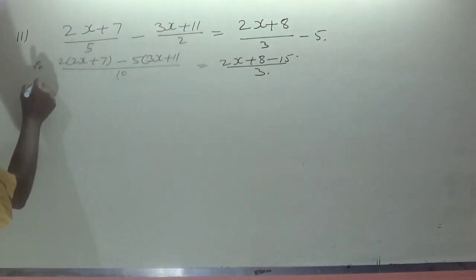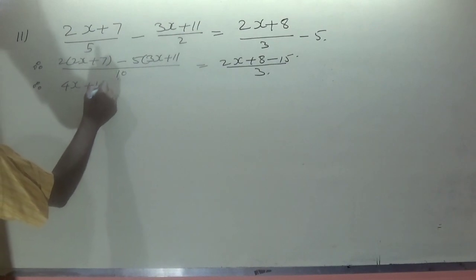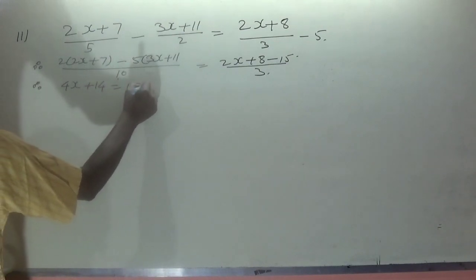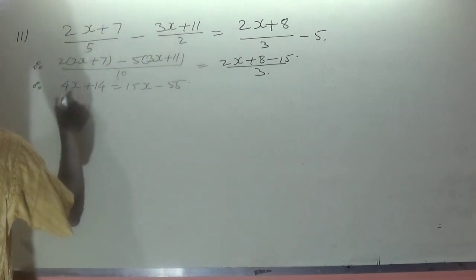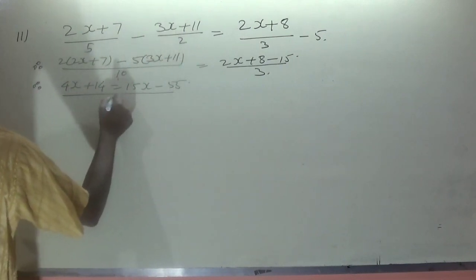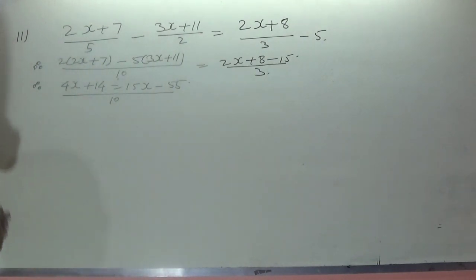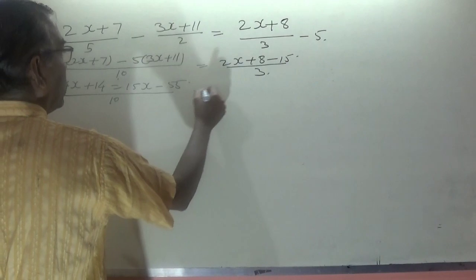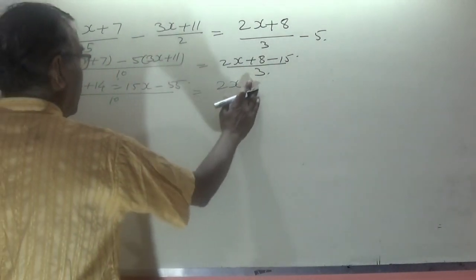So therefore 2 2s are 4x plus 7 2s are 14 will be equal to 15x minus 55 divided by 10.